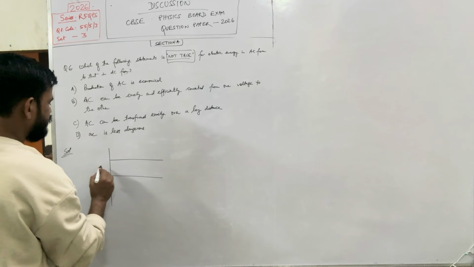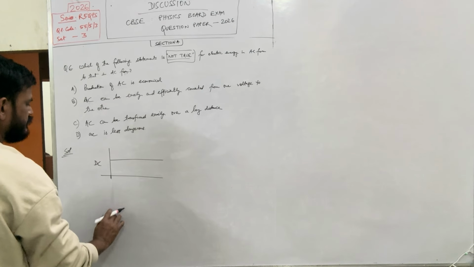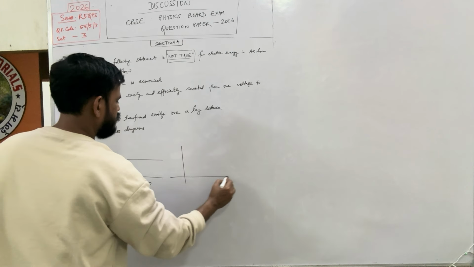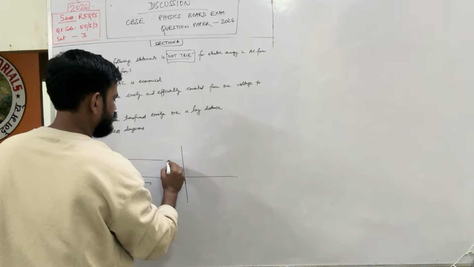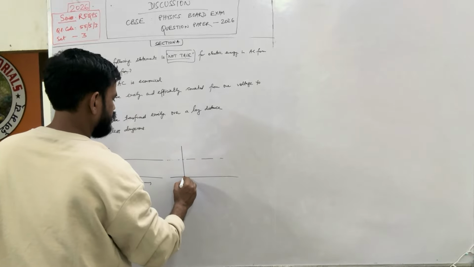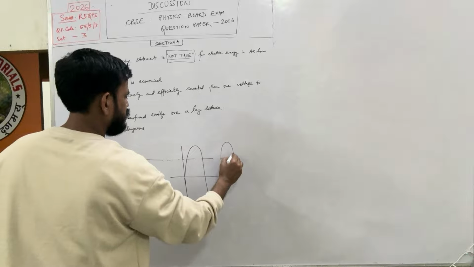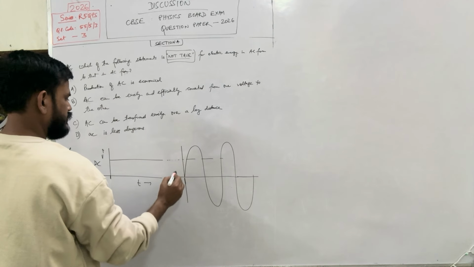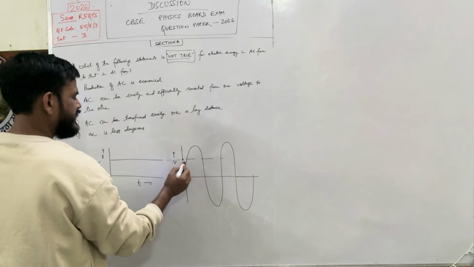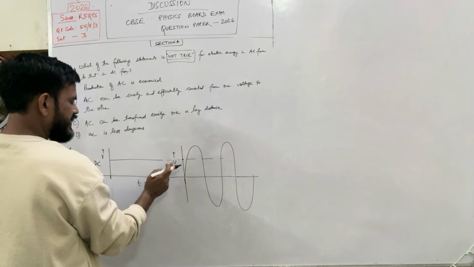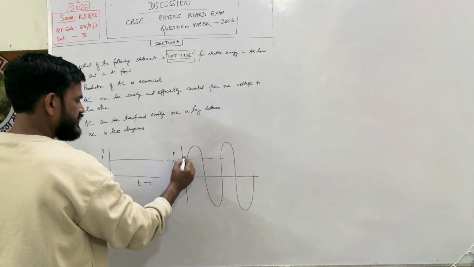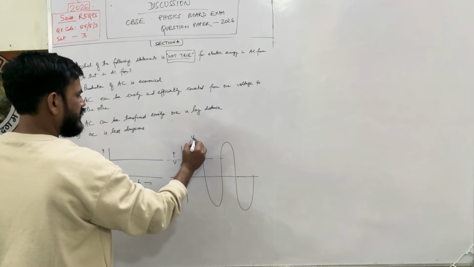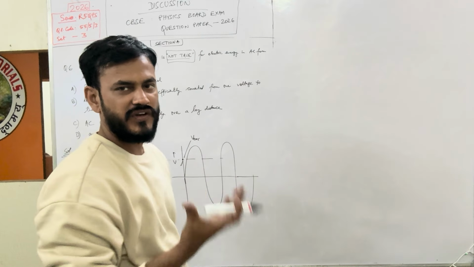So this is DC. The AC of the same magnitude as DC, this is VRMS, the root mean square value.